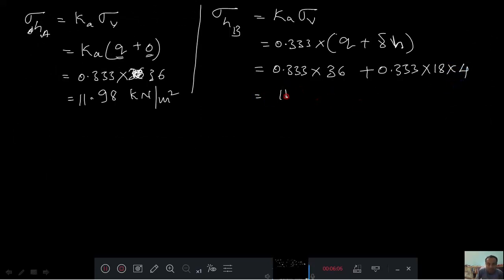This is 11.98 plus, how much is it? 0.333 into 18 into 4, we got 23.97. The total, 11.98 plus 23.97, is 35.956 kilonewton per meter square. That I will mark in the diagram.